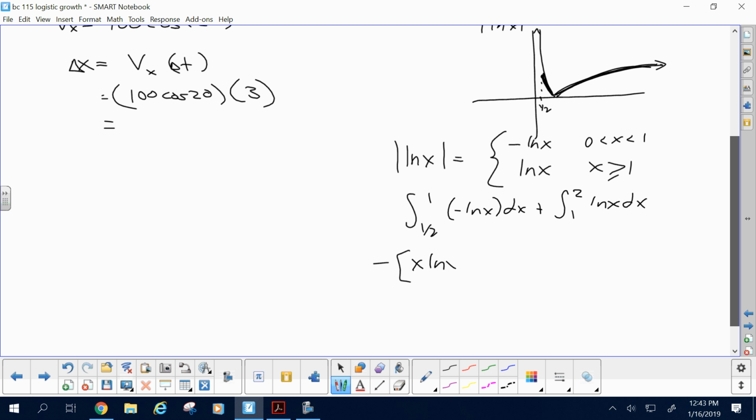Yeah, x natural log of x minus x. With the negative then, the signs will change. And x natural log of x minus x comes from integration by parts, so it's negative on the first piece, 1/2 to 1, and positive from 1 to 2. Just be careful plugging in and you should be on your way. Okay?